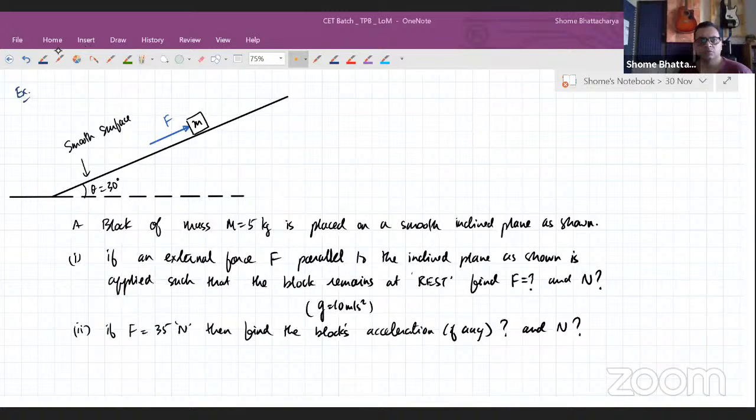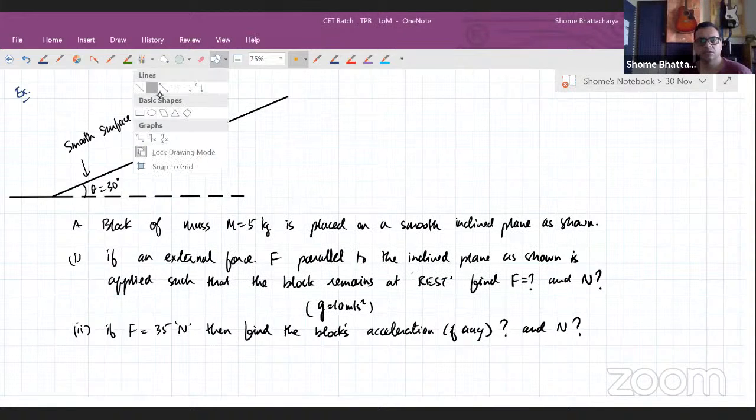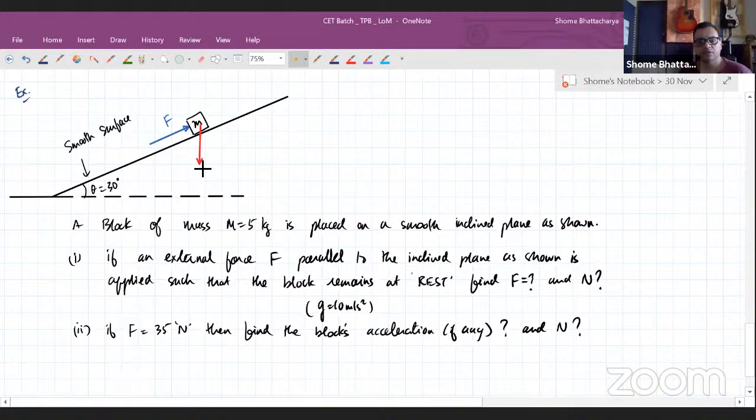Okay, so see what all forces will be acting on this block. Let's understand that first. Apart from the external force which I've already shown, there will also be mg acting vertically downwards, right?